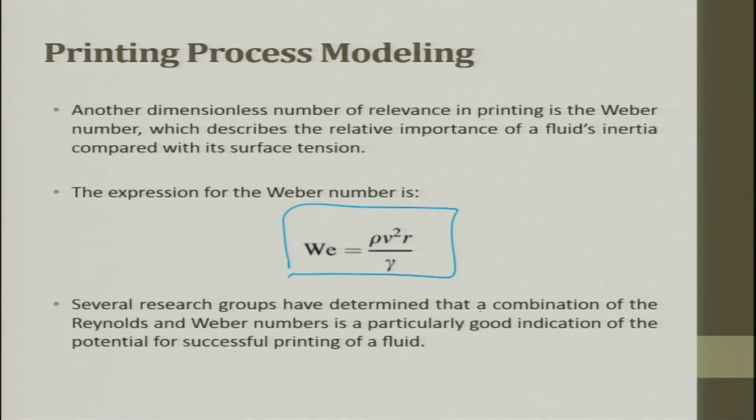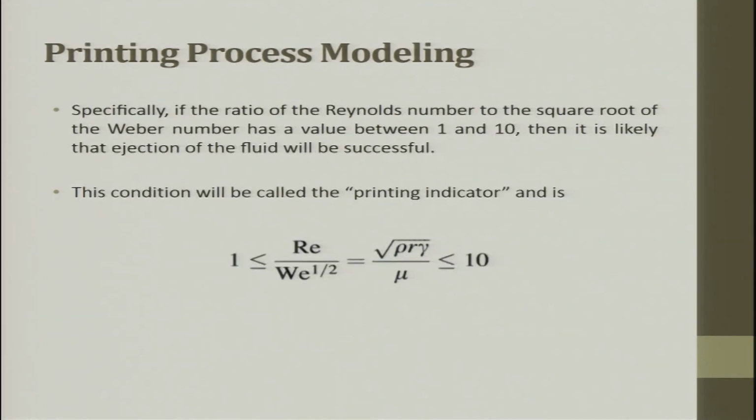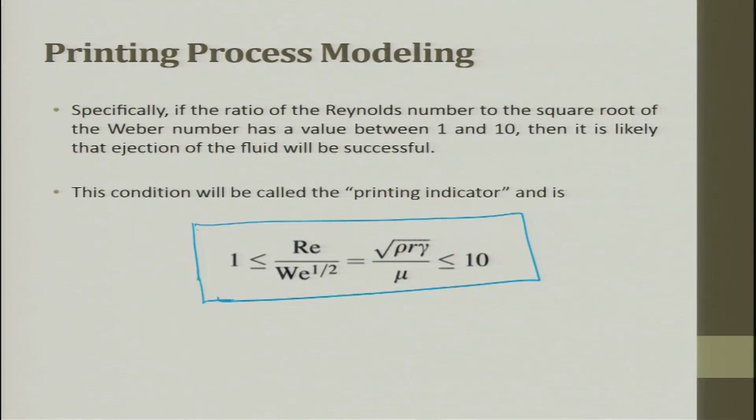Several research groups have determined that the combination of Reynolds number and the Weber number is a particularly good indicator of the potential for successful printing of fluids. So, the condition which is called the printing indicator is this.